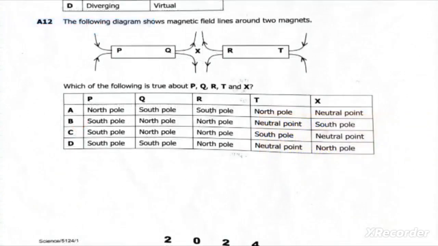Let us move to the next question, which is question A12. The following diagram shows magnetic field lines around two magnets. Which of the following is true about P, Q, R, T, and S?